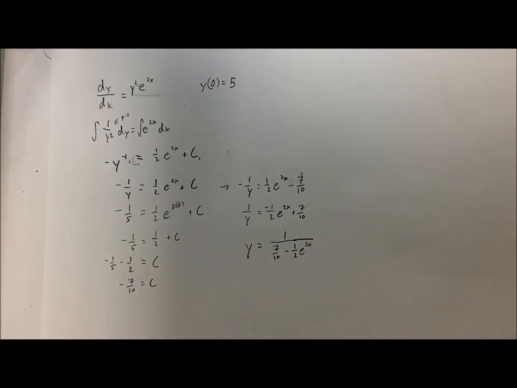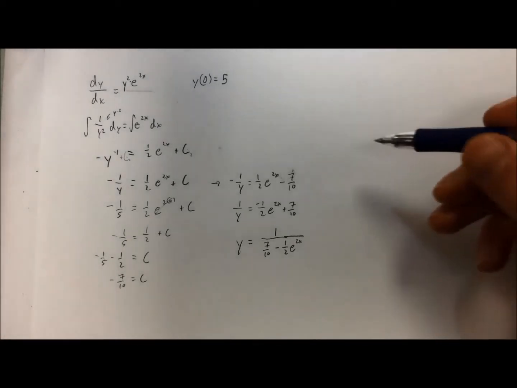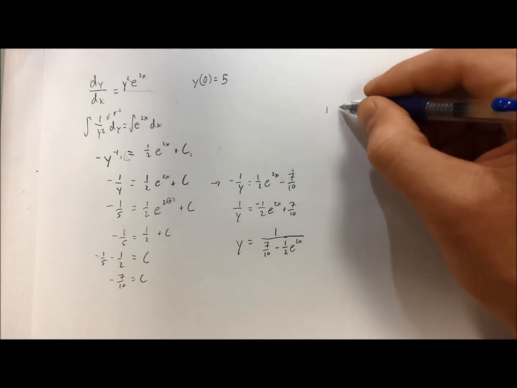Now, this is a fairly typical, fairly standard problem that you'd see on the AP exam. Just so we're clear as to how the breakdown would normally work, it would normally go like this. 1 point for separation of variables.